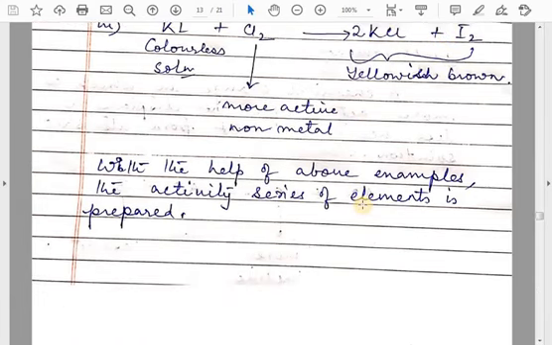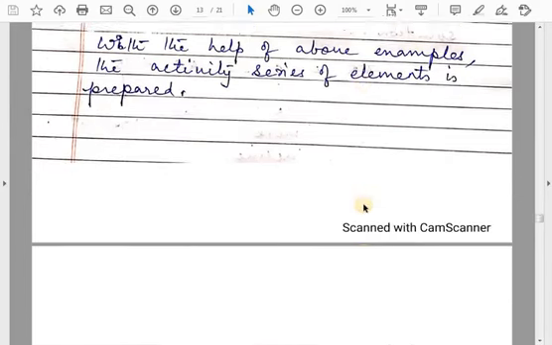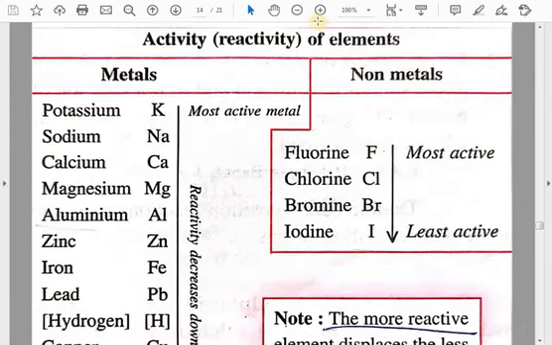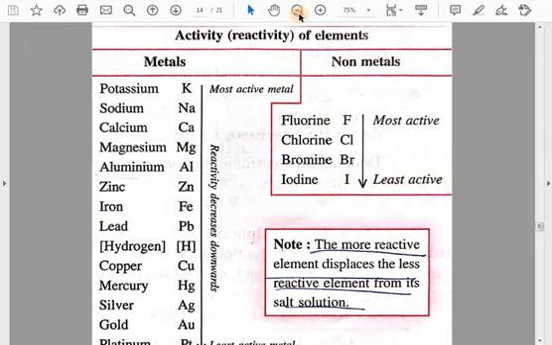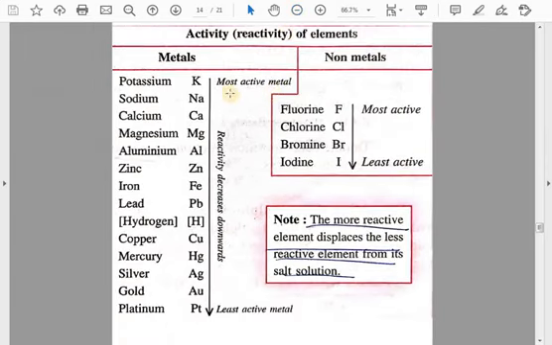So, with the help of above examples, the activity series of elements is prepared. So, what is this activity series? You have to learn this activity series. Most active metal is placed on the top. The reactivity decreases downwards. Platinum is the least active metal. Similarly, for non-metals, fluorine, chlorine, bromine, iodine.